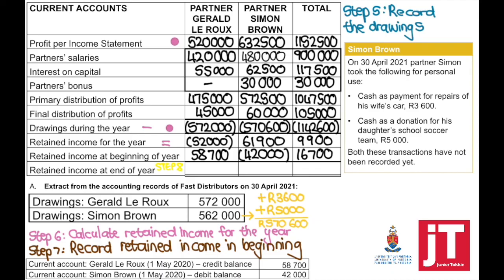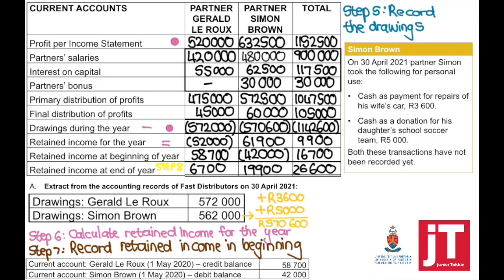To calculate the retained income, it's the retained income for the year plus or minus the retained income at the end. Brackets means we need to subtract, no brackets means we need to add. So minus 52,000 plus 58,700 equals 6,700. 61,900 minus 42,000 equals 19,900.